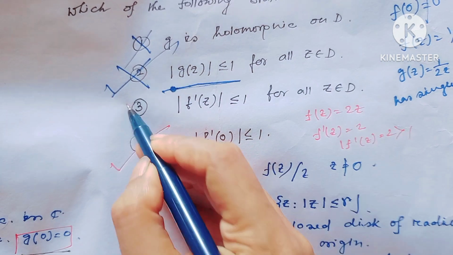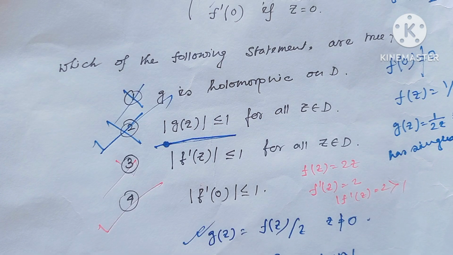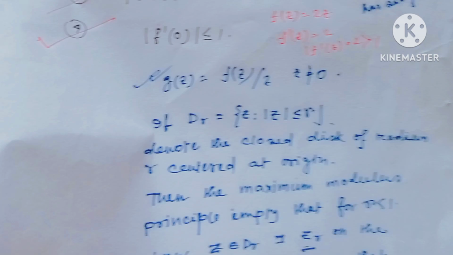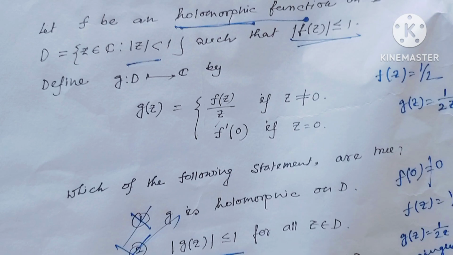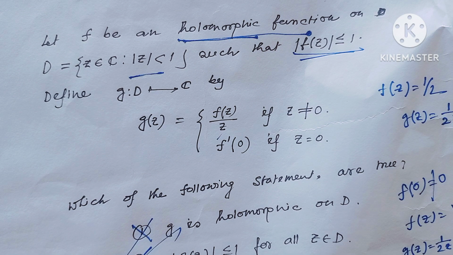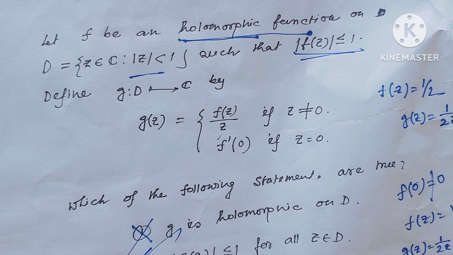So option 3 is also a wrong option. Only option 4 is a right option. Here only option 4 is right because f(0) equal to 0 is not given here. I hope all my viewers have understood.